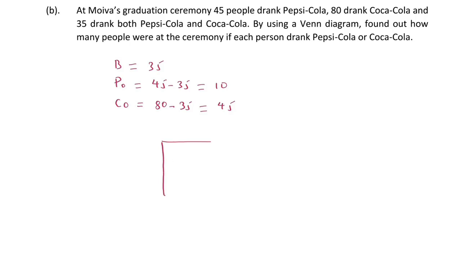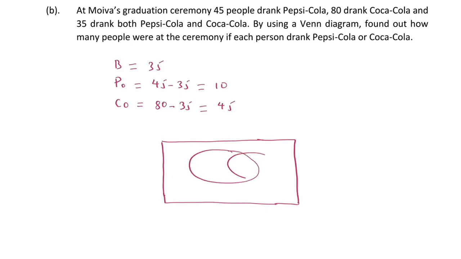So we are going to sketch our table, and then we are going to have 2 circles inside our table. This one is for Pepsi Cola, and this is for Coca-Cola.